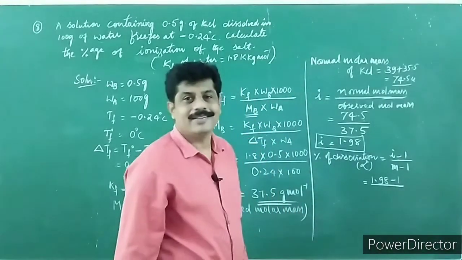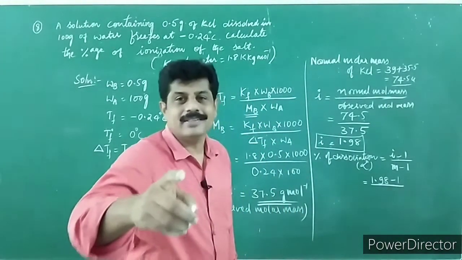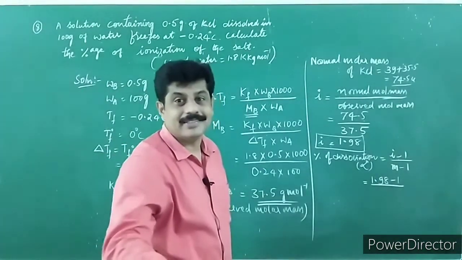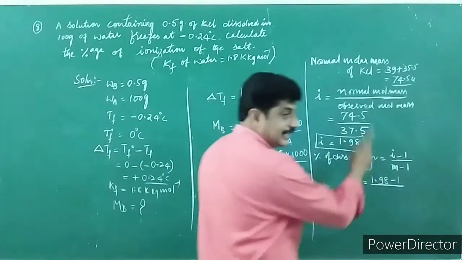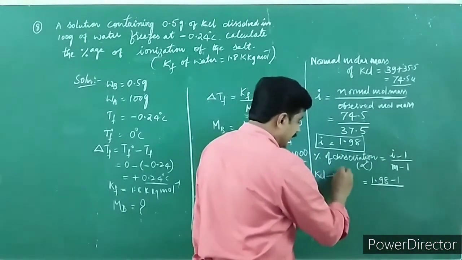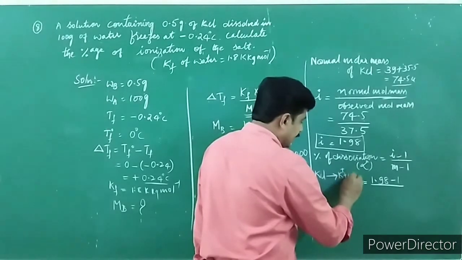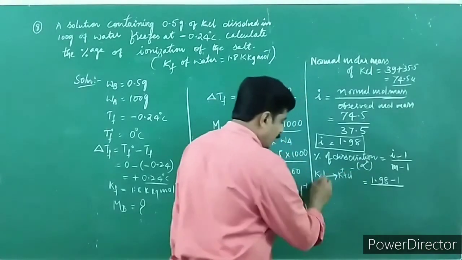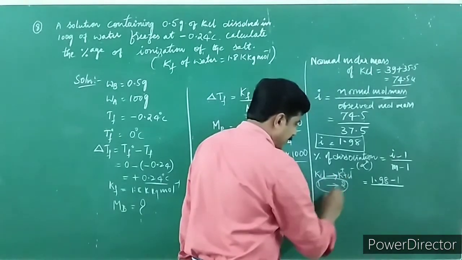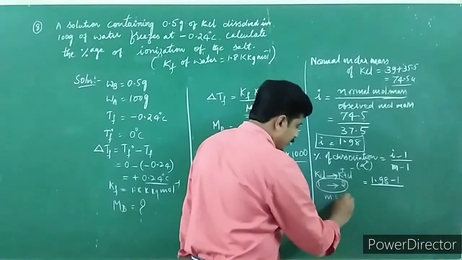Children, what is m here? The number of particles into which each particle dissociates. That means in this case, look here, KCl when added in water dissociates into K plus and Cl minus. One particle dissociates to give two particles. That means m is equal to 2.